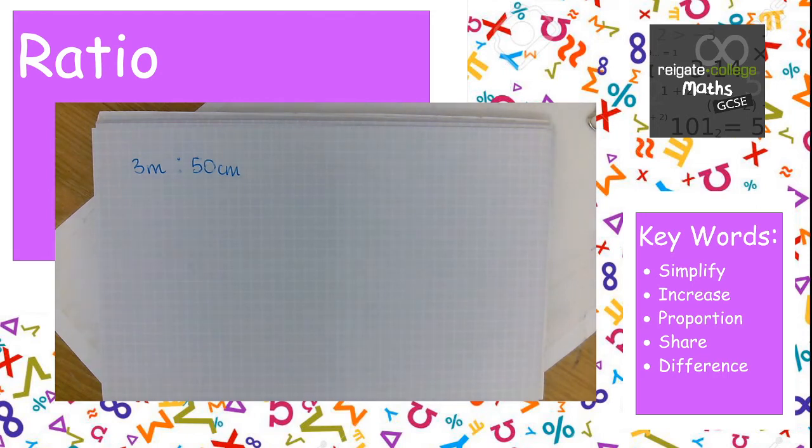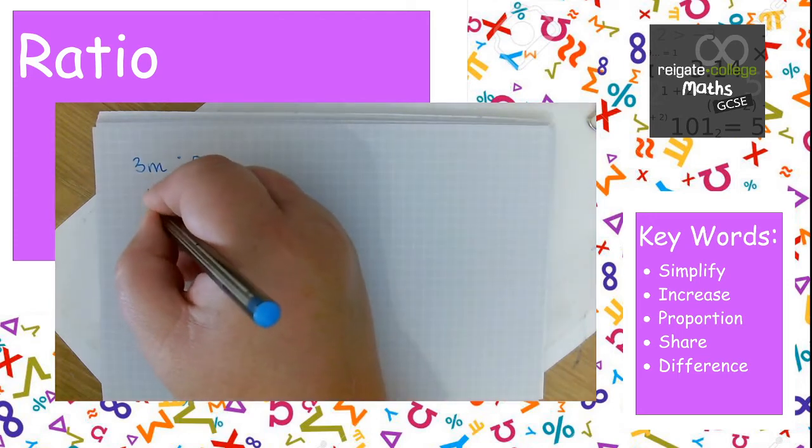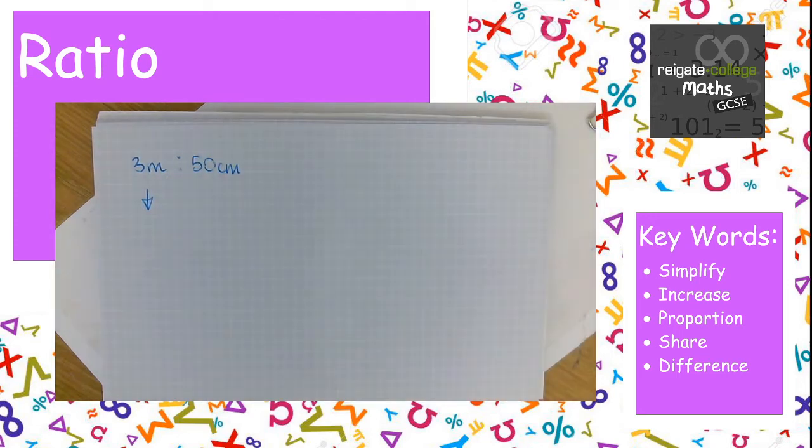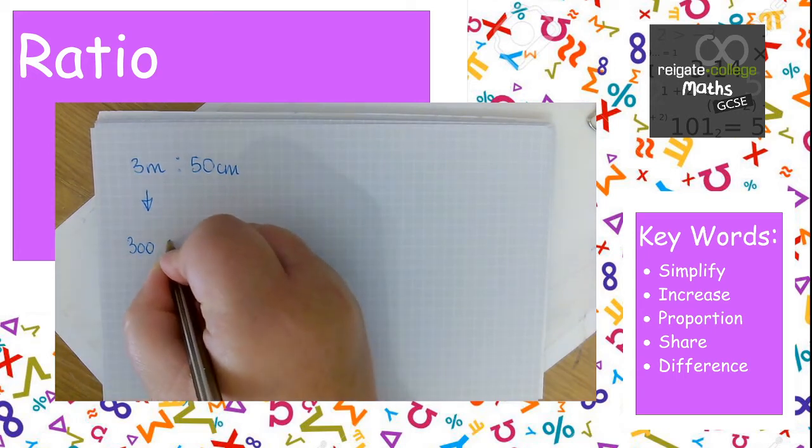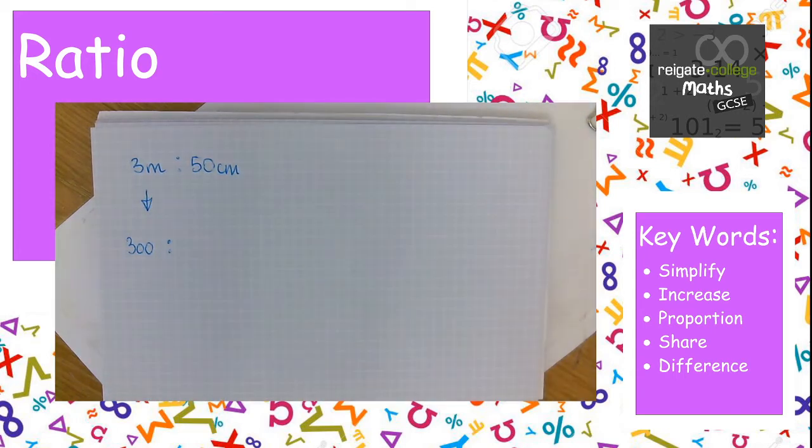What I'm going to do is change my metre measure here to centimetres. I know that there are 100 centimetres in a metre, so in 3 metres, I have 300 centimetres. My ratio is 300 to 50.